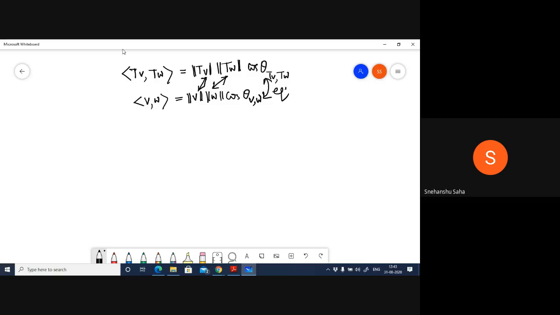So the angle between the vectors V and W, residing in the vector spaces capital V and capital W, and the angle between TV and TW under the orthogonal linear transformation are exactly the same. That is why this is known as angle preserving as well. So orthogonal linear transformations, a nice property used in singular value decomposition, are both length preserving and angle preserving.